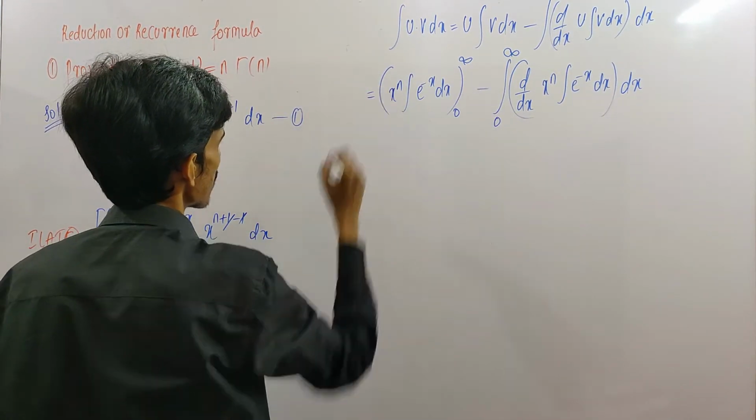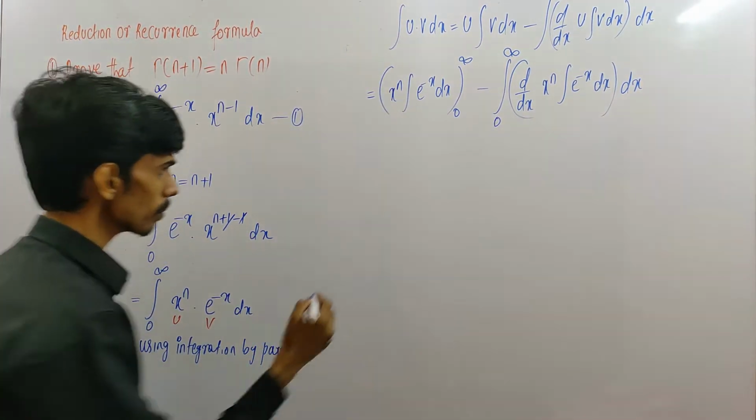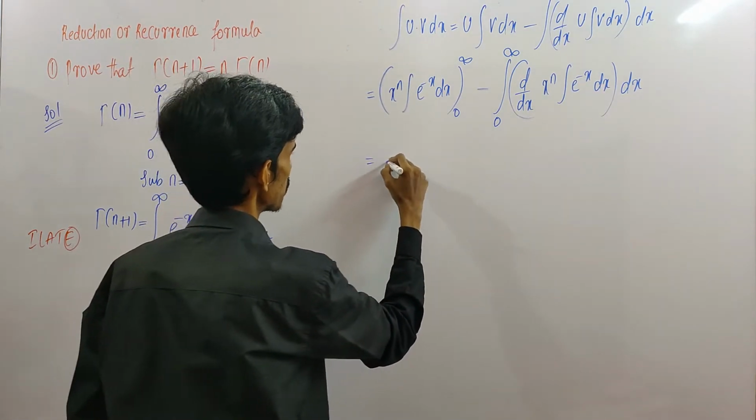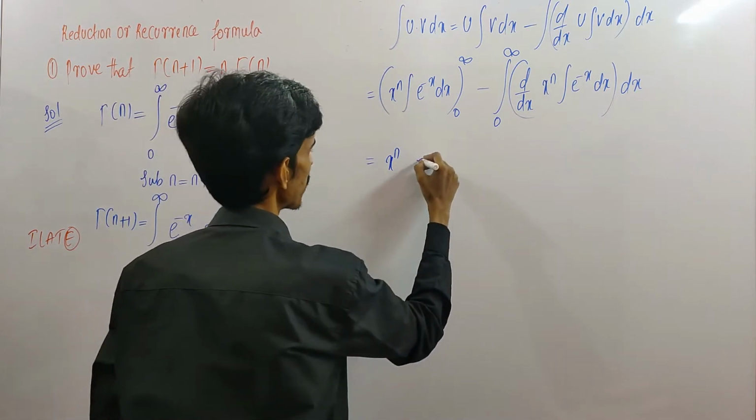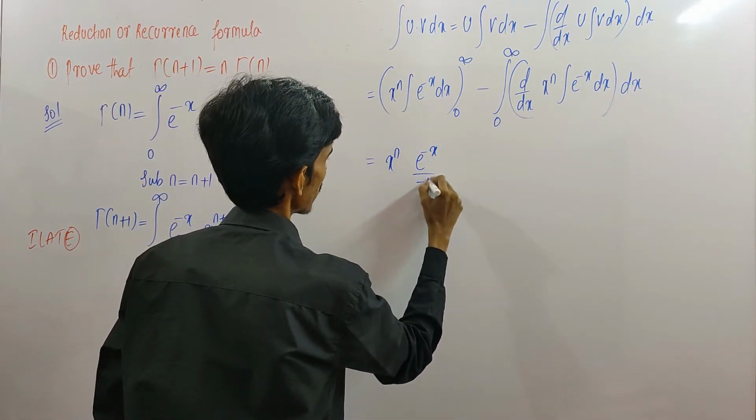This is the value of gamma of n plus 1. Now that is equal to x power of n times the integration of e power of minus x, which is e power of minus x by minus 1.